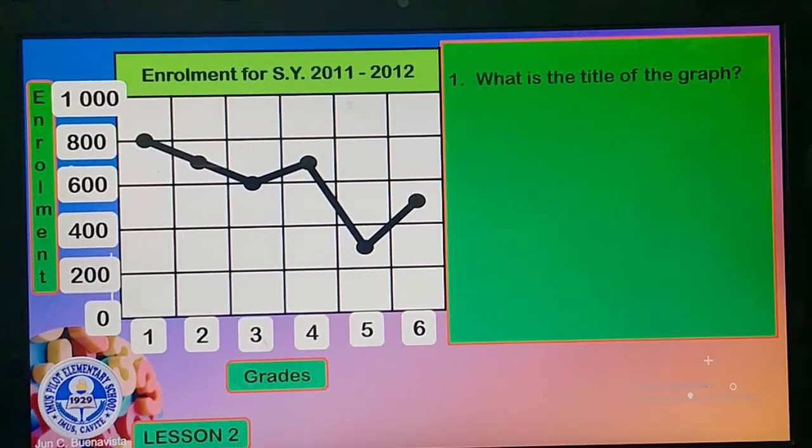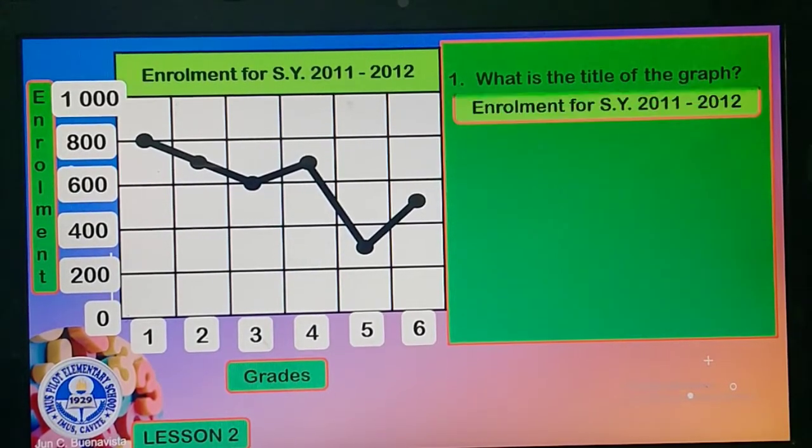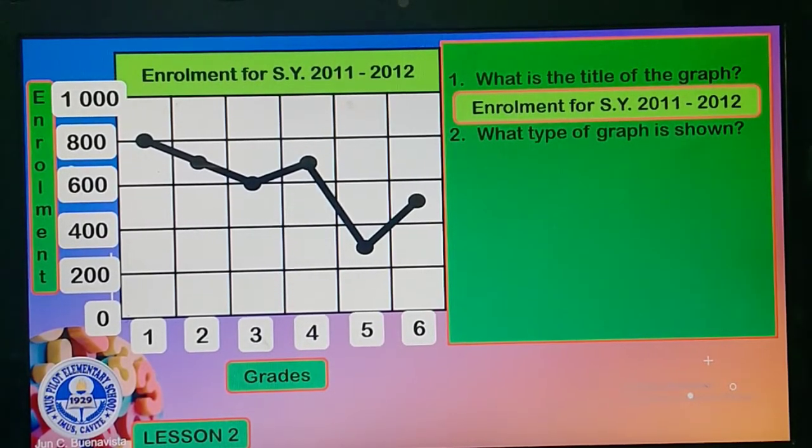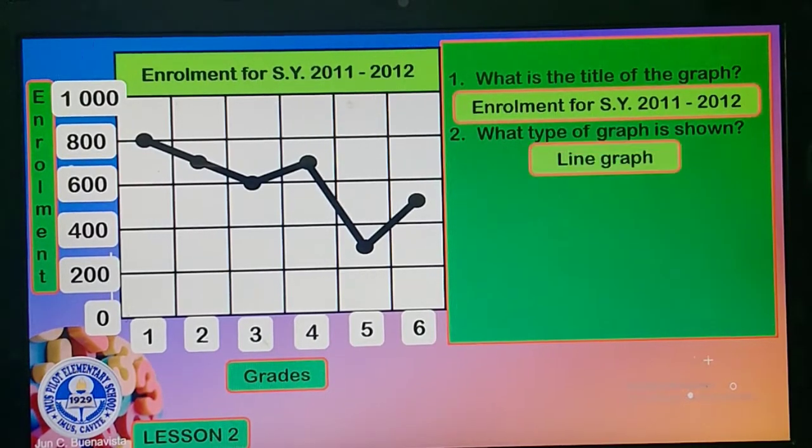What is the title of the graph? Okay, very good. The title of the graph is Enrollment for the School Year 2011 to 2012. Question number 2. What type of graph is shown? What kind of graph is that? That is very good. A line graph. And a line graph, class, is a graph presenting data changes over a period of time.